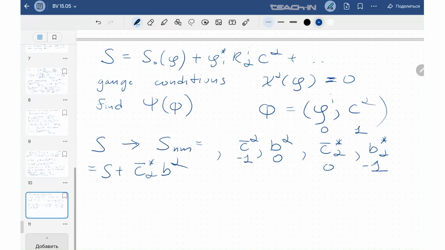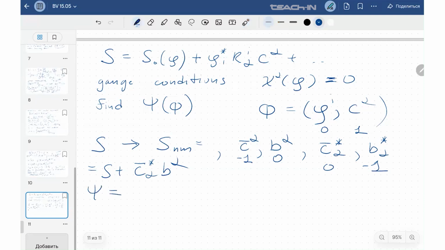But now, at our disposal, we have variables of degree -1, which are C bar alpha. They have degree -1, and they are not antifields in our notations. So we can cook up something of degree -1. So let's pick psi.